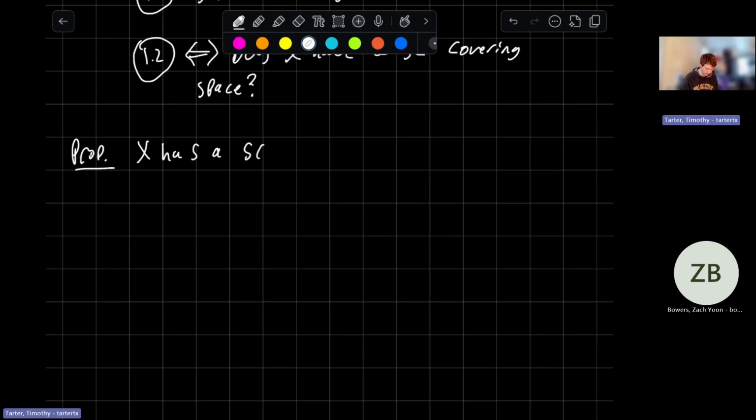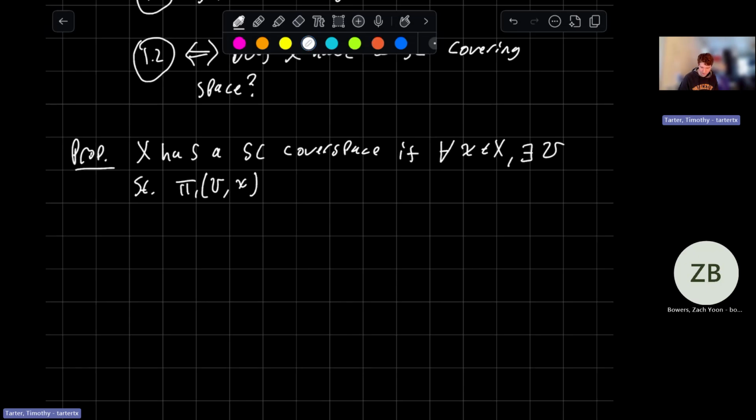X has a simply connected covering space if for all x in X, there exists U such that the inclusion-induced map from pi1 of U at x to pi1 of X is trivial.